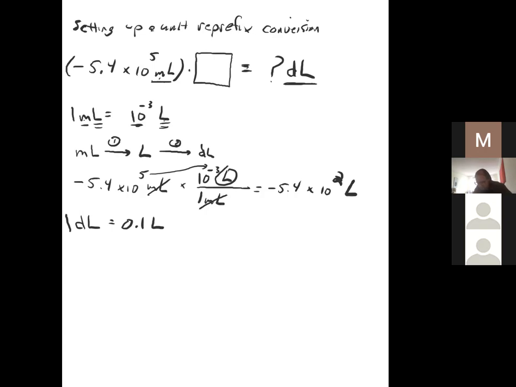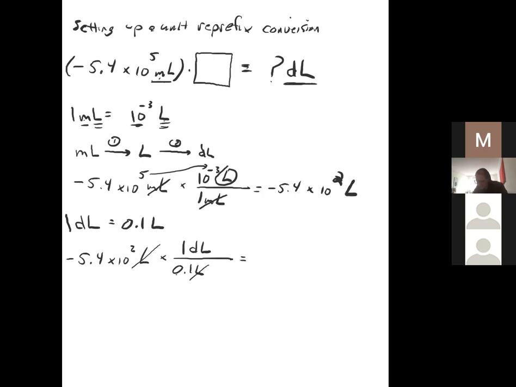So I'm going to take our measurement again. And we want to get rid of the liters, right? So if you want to get rid of something, you put it on the opposite side of the division that you're doing here. So the liters is in the numerator. This we want to be in the denominator. And then you put your 1 deciliter here. Okay. So now your liters are gone.